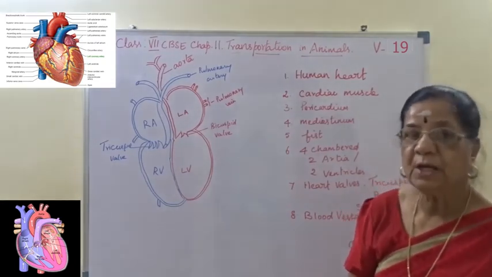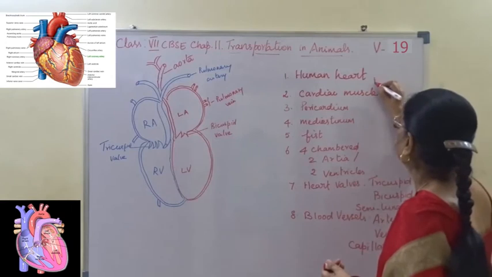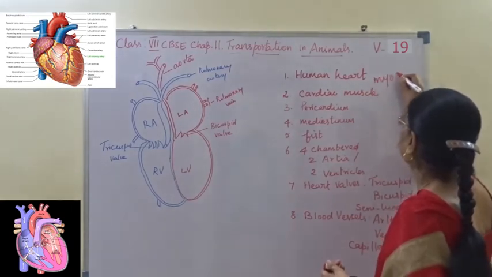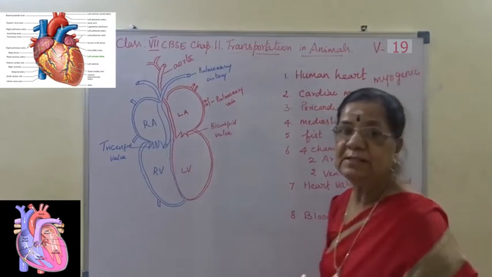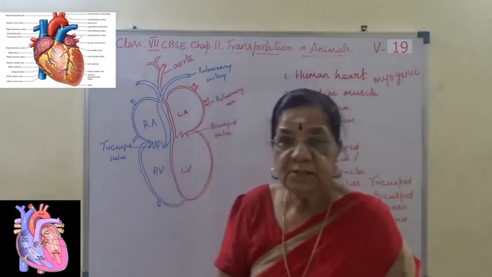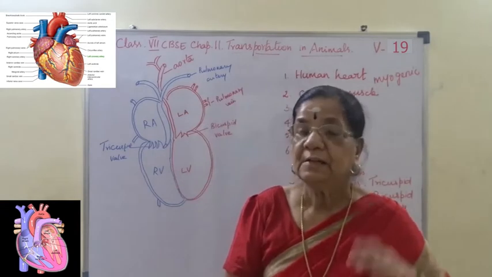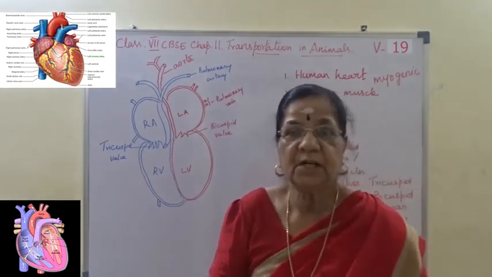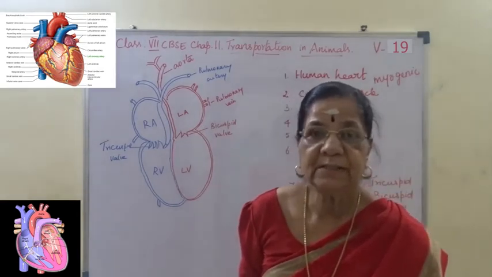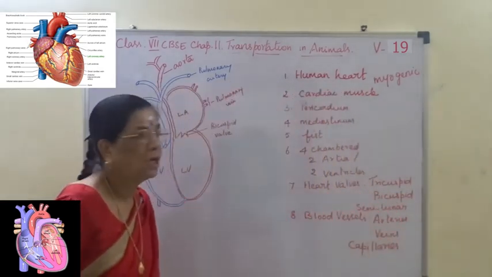So the human heart is said to be myogenic. Myo refers to muscles. In lower organisms, it is said to be neurogenic, where it is of nervous origin. So here it is a myogenic heart that initiates the rhythmic activity of the heart.